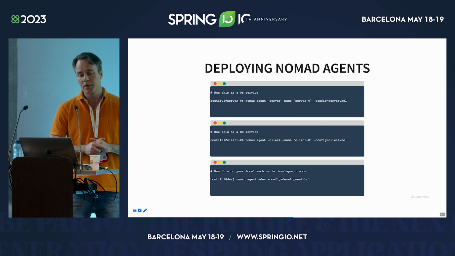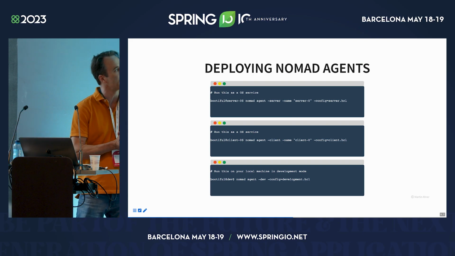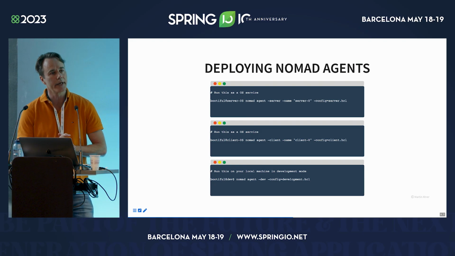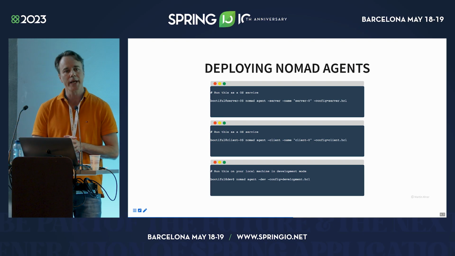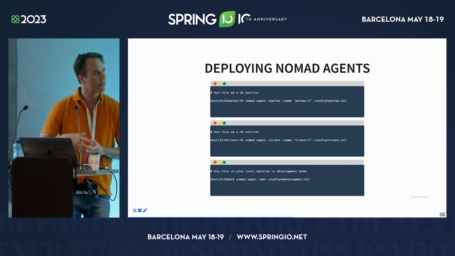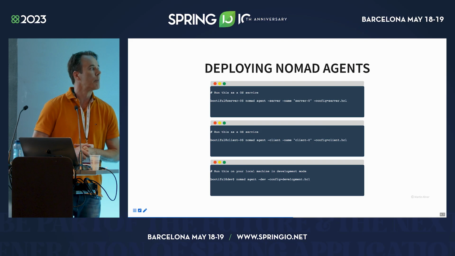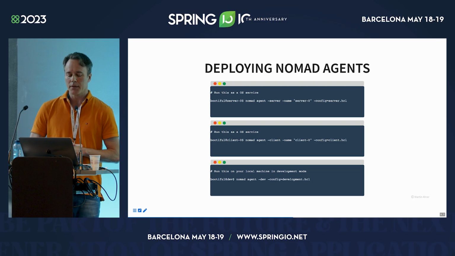So if you wanted to run those agents, you would just invoke one of these commands, passing either the agent, the server flag, or the client flag, passing in some configuration if needed, referencing some HCL configuration file. But the beautiful thing about Nomad is it is extremely developer friendly.